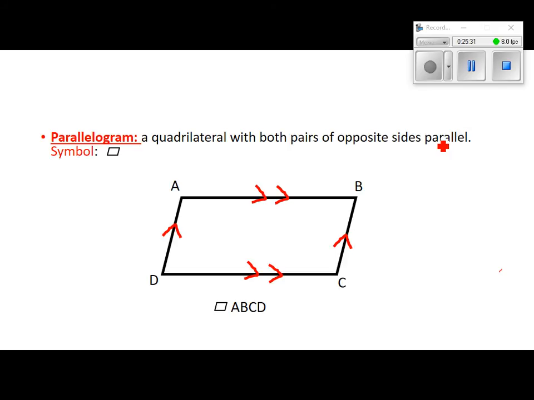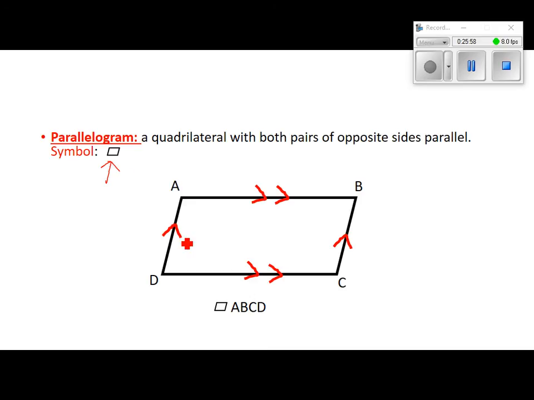All right, parallelogram. Quadrilateral with both pairs of opposite sides parallel. This is the symbol for parallelogram. So anytime you see that little symbol, that's going to tell you that the shape is a parallelogram. That's the only four-sided figure that we're going to talk about in this chapter that has a symbol. When you name it, first, what do we know about these arrows again?